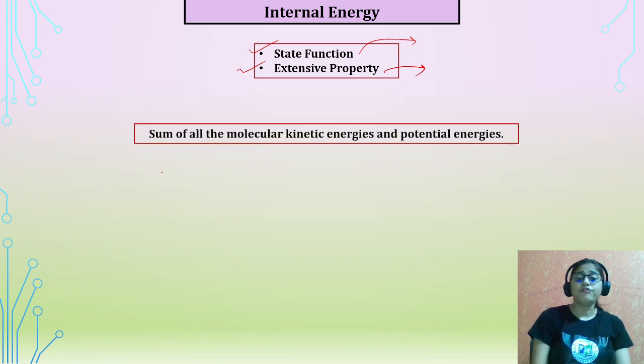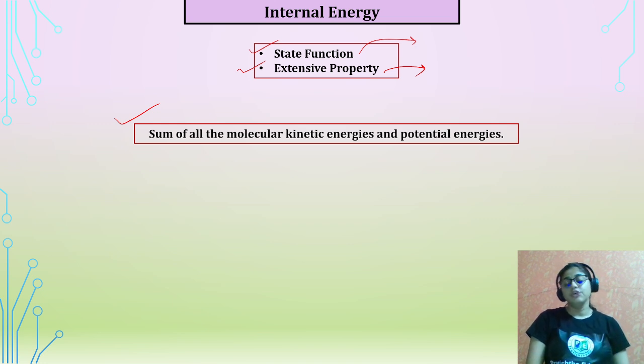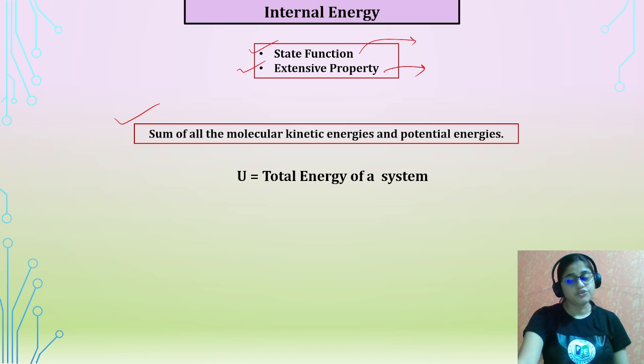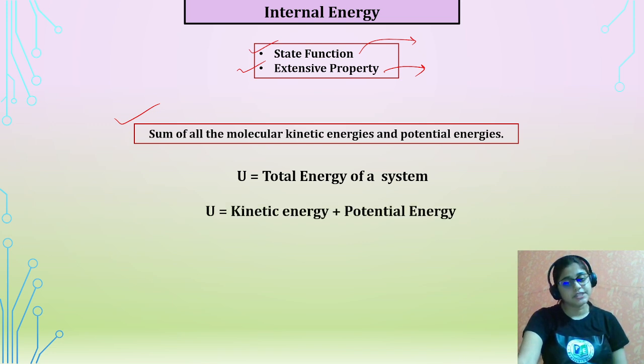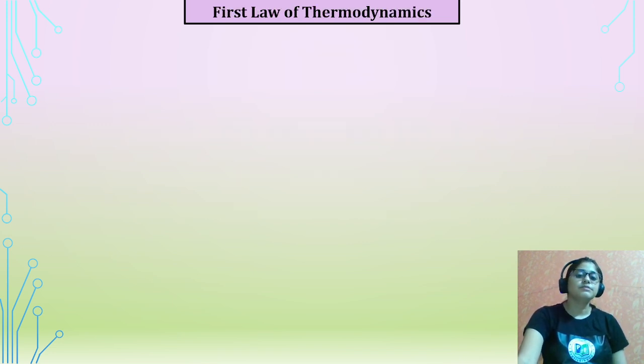The sum of all the molecular kinetic energies and potential energies. So if we want to know the internal energy of a system, we should have an idea of its kinetic energy and potential energy. The sum of both will be the internal energy of the system. So U will be the total energy of a system, kinetic plus potential.